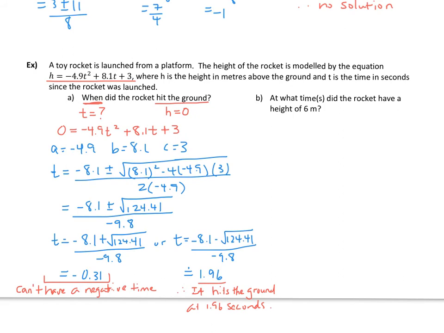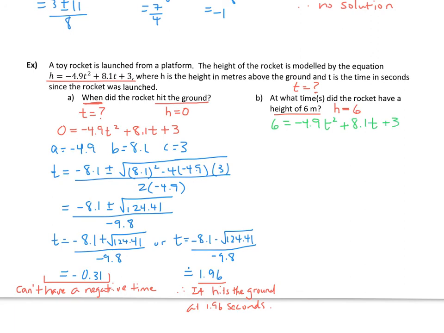So part B, it's asking for time again. At what time, so t is unknown here, we're solving for it, did the rocket have a height of 6 meters? So our height is 6. So instead of replacing height with 0, this time we're going to replace the height with a 6. So we're going to end up with 6 being equal to negative 4.9 t squared plus 8.1 t plus 3.